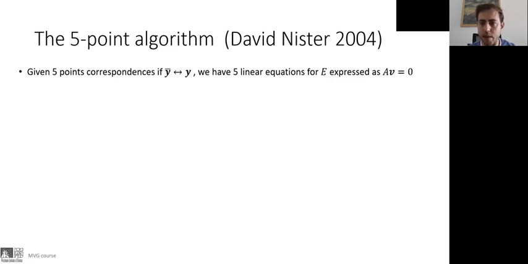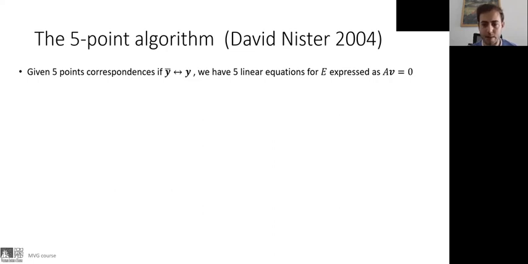So what are the dimensions of A in this case? Can someone remember? I mean, each point correspondence gives us one equation, right? 5 by 9. Yes, exactly. A is 5 by 9.